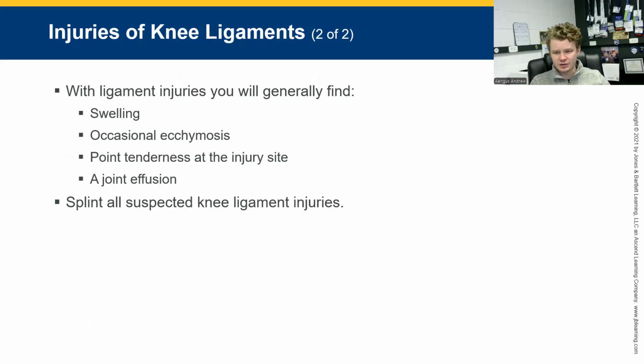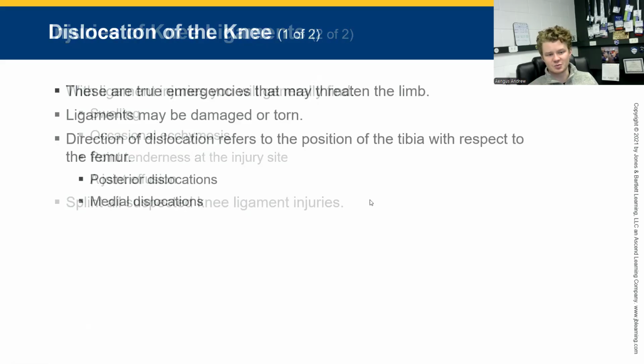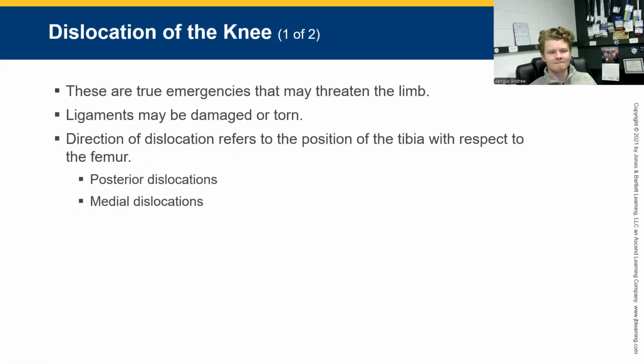Good way to assist your report when you're giving report to the hospital. Swelling, like we talked about with most ligament injuries, eventually probably bruising, but in our context of being the first people on scene for this, probably not bruising by the time that we get there.